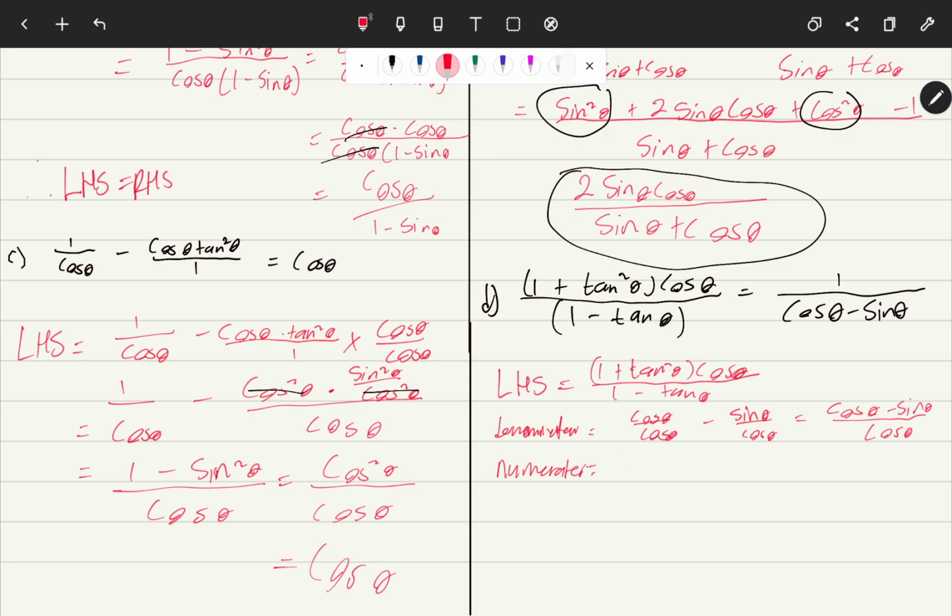cos². Let me change the colors now. cos² divided by cos², that is for 1, sin², that is for tangent, right? Multiply by cos². Then I'll say is equal to, I'm going to have sin² plus cos² divided by cos²θ.